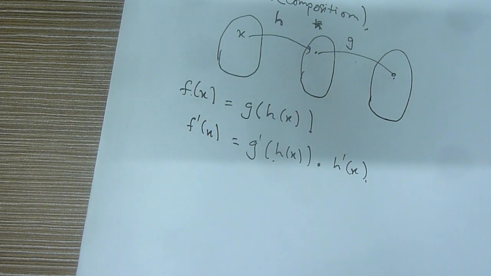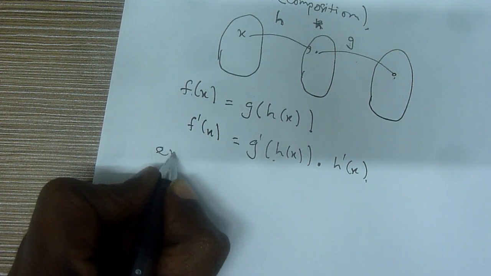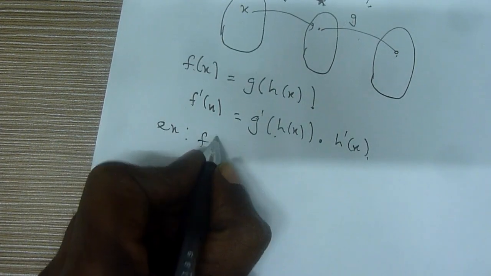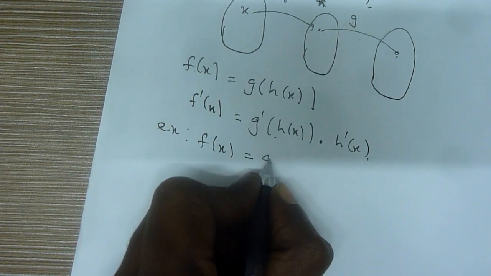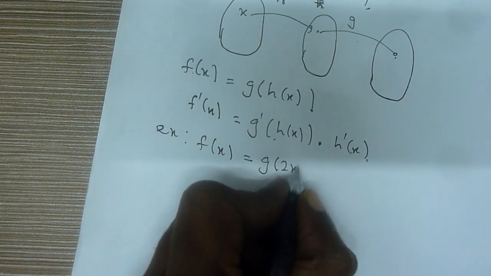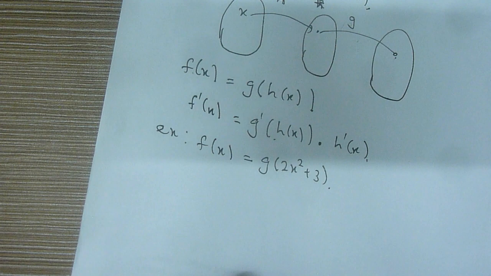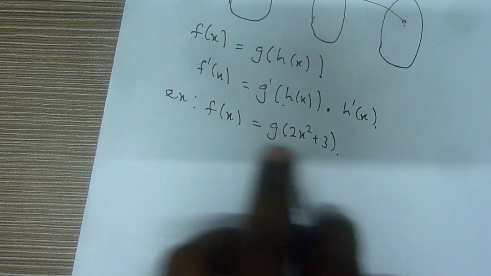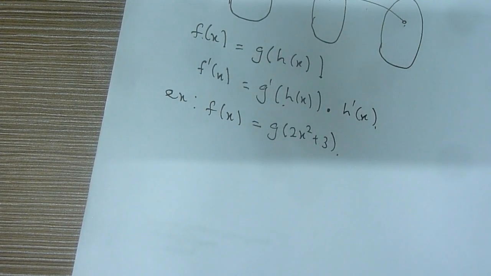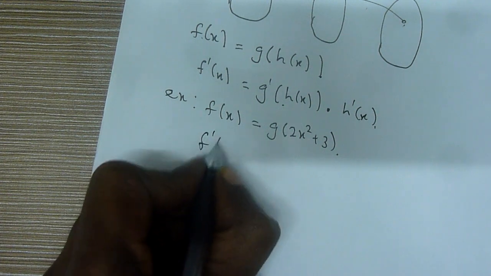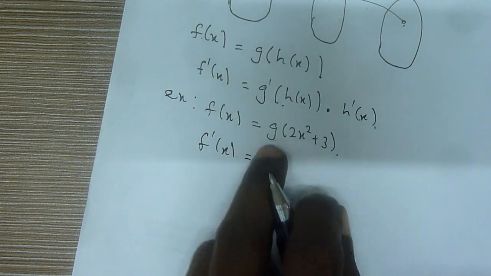Okay, for example, let me give you an example, because f(x) you can see is g(2x^2 + 3). If someone asks you to differentiate this, differentiation works basically, we don't know what g is.